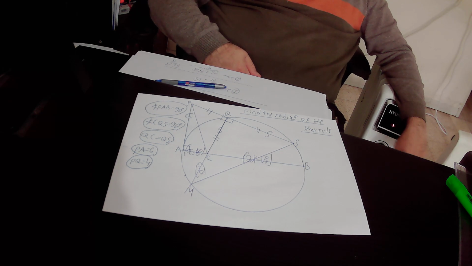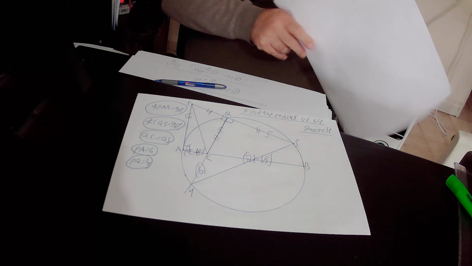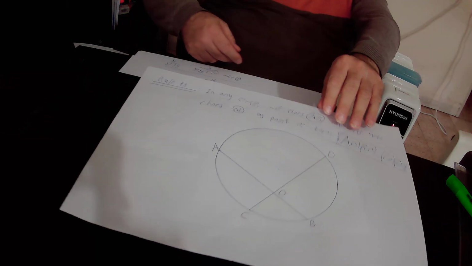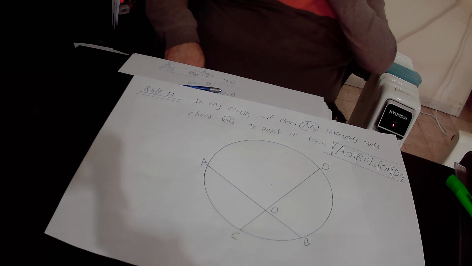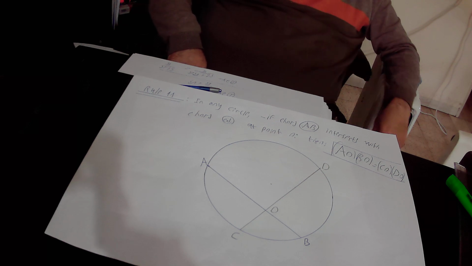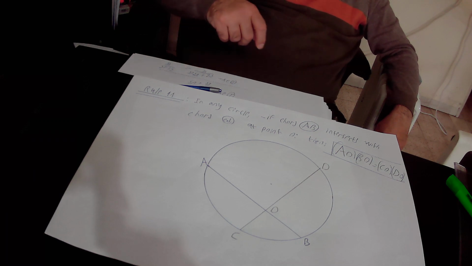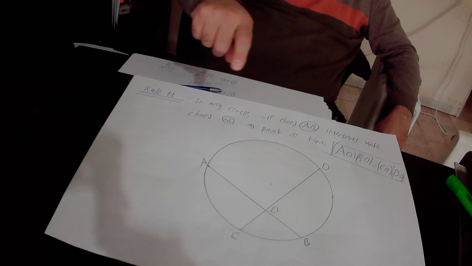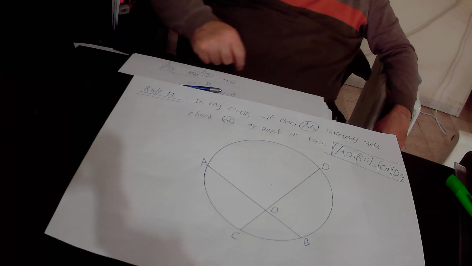Then I presented to you a new rule, and we implemented the new rule in our drawing. The new rule is rule number 11. According to rule number 11, in any circle, if chord AB intersects with chord CD at point O, then the following equation will be true: AO times OB equals CO times OD.